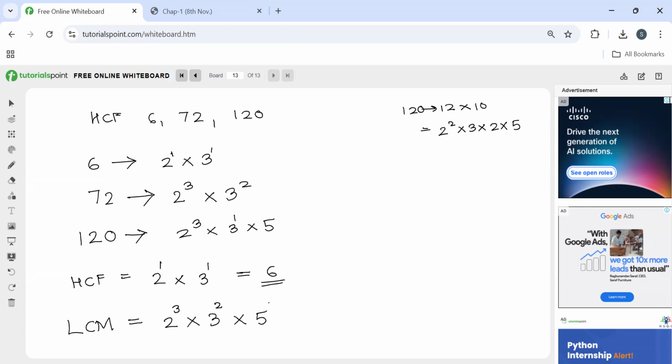In case of 5, the highest power is 1. Okay. So 2 cube is 8. 3 square is 9 multiplied by 5, which will give you 360. Okay. So the LCM of 6, 72 and 120 is 360, while its HCF is 6.